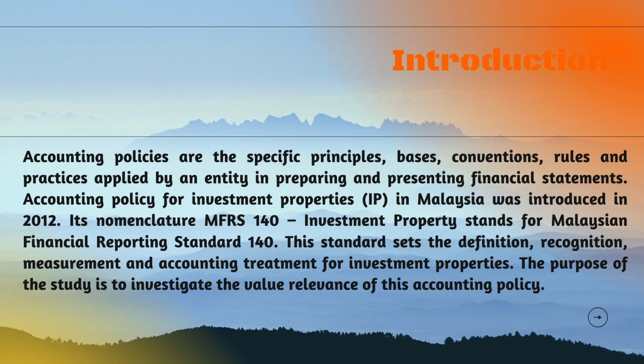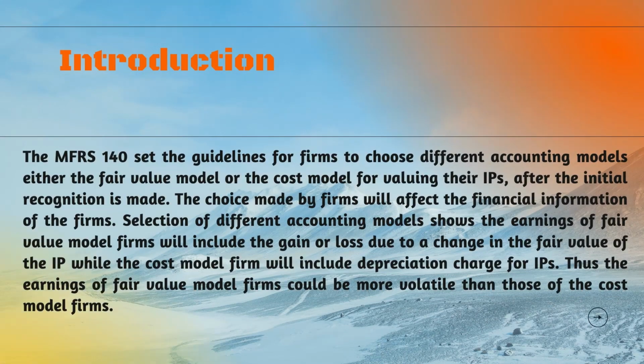MFRS 140 Investment Property is important for accountants, auditors, and financial statement users or the stakeholders because MFRS 140 allows firms to choose either the fair value model or the cost model for valuing their investment properties after the initial recognition is made.